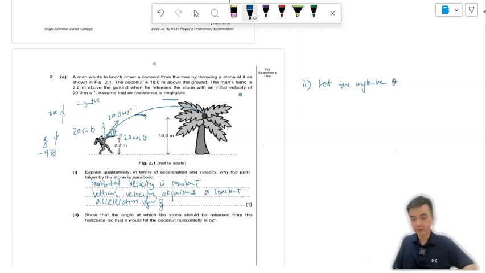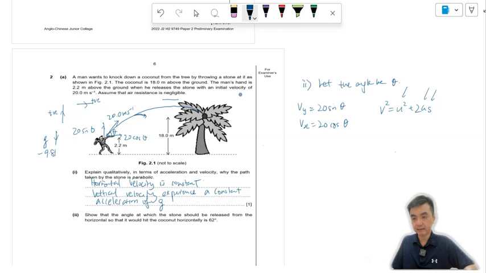Your Vy component is 20 sine theta, and your X component is 20 cosine theta. Because I only have height given to me, I'm going to use v squared equals u squared plus 2as, this relationship, to help me find out theta.